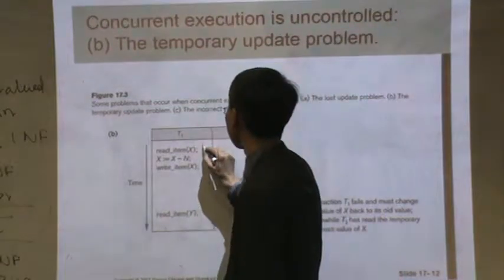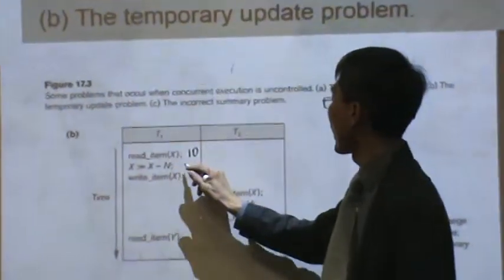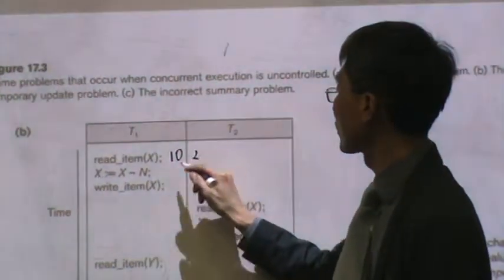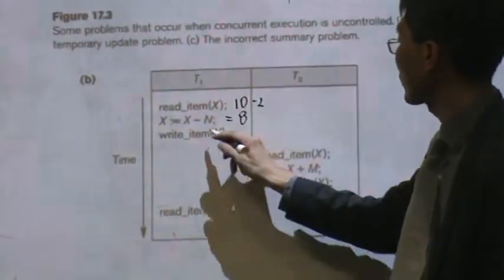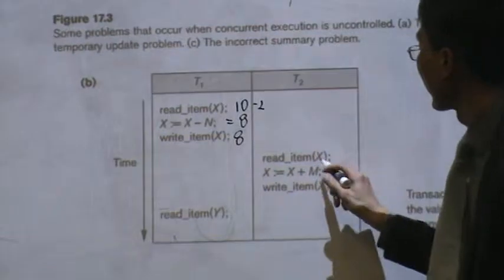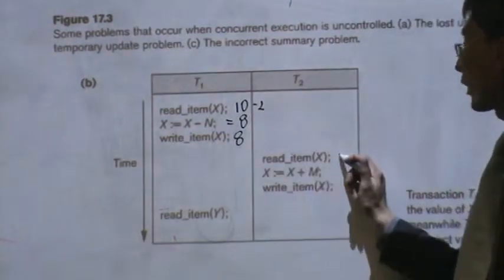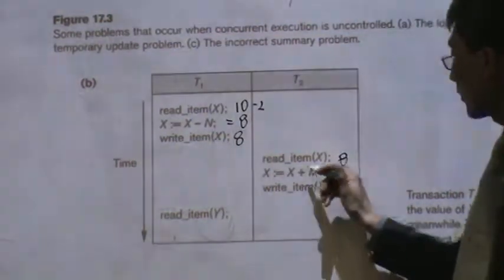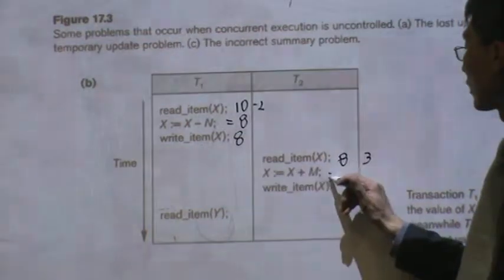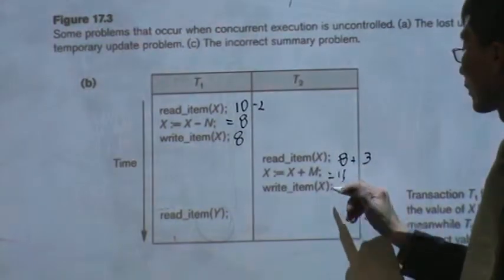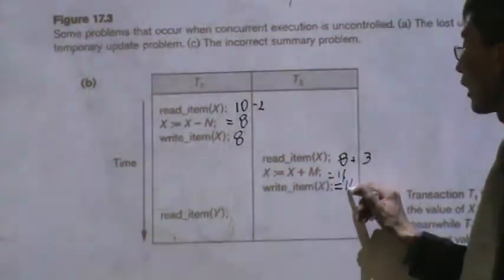So X is, let's say, 10. And minus N, where N is 2. So it's supposed to be 8, 10 minus 2. So you write the data 8. Then read the data item X, then add N. Let's say N is 3. Then X will be 11. And write the data item 11.